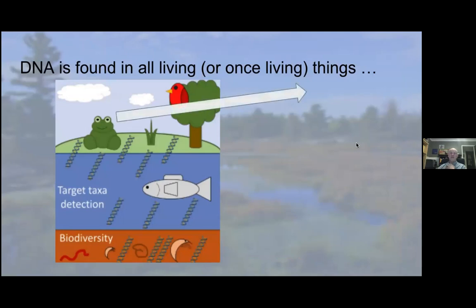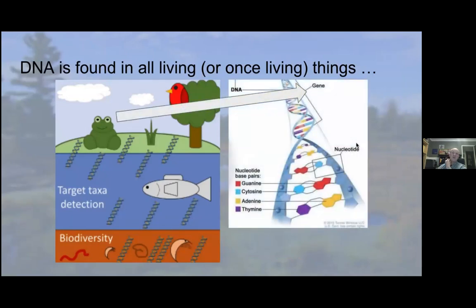Well, eDNA just picks up naturally what is being shed at all times by people or other organisms. So no nasal swabs or other invasive means. What we're doing is targeting specific gene regions for these nucleotides, the A's, C's, G's, and T's. We're using some special techniques and equipment to do that.